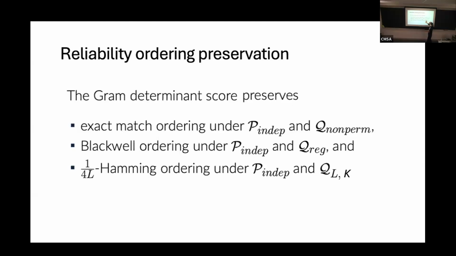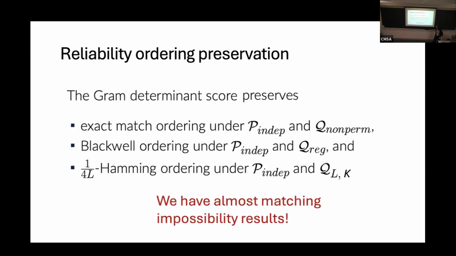While this may seem like we are enforcing some restrictions on P and Q, I want to argue that it's because the problem is really challenging and we are trying to make minimal assumptions about our knowledge of P and Q. In fact, we have almost matching impossibility results, basically saying that for any reliability scoring function you can imagine, if these conditions are not satisfied, it's impossible to preserve the corresponding data reliability ordering.